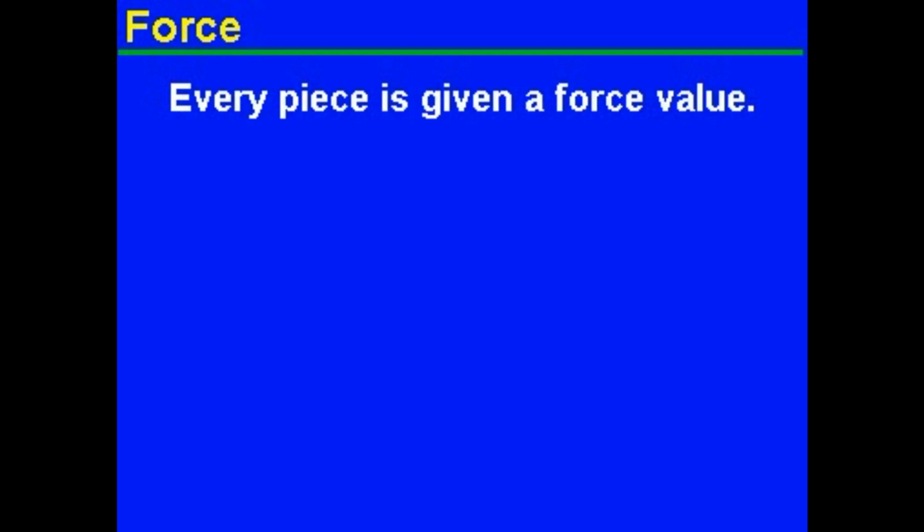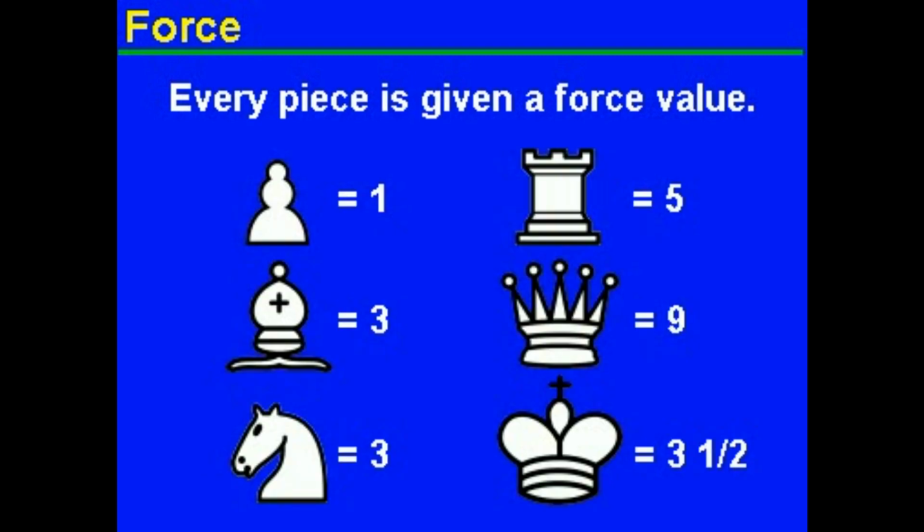Every piece is given a force value, that being a number that represents the strength or force of that piece. The 6 chess pieces are given the following points. A pawn is given 1 point, a bishop 3 points, a knight 3 points, a rook 5 points, a queen 9 points, and the king is given 3 1/2 points.